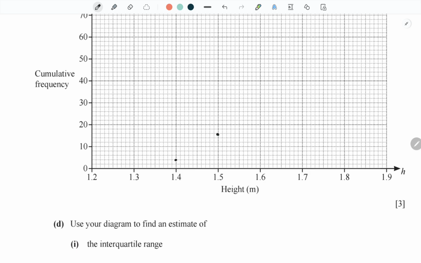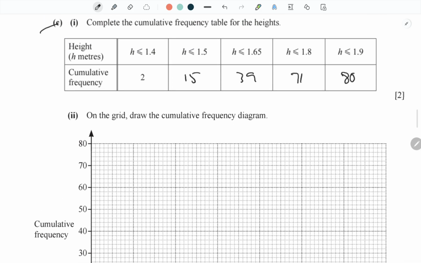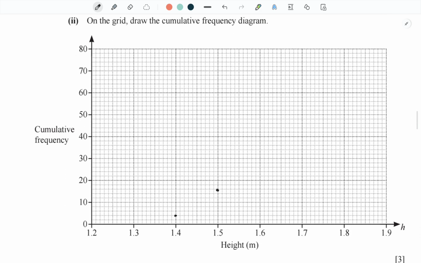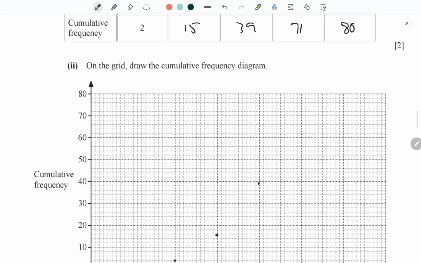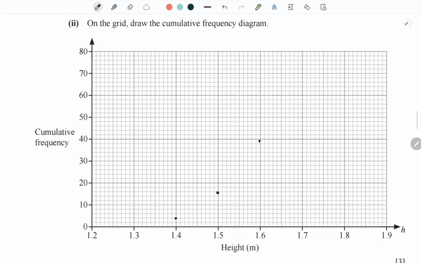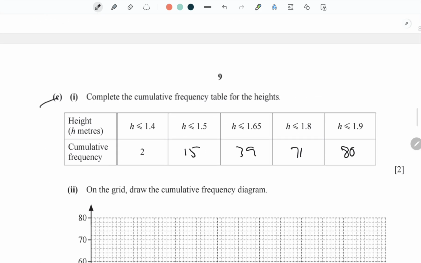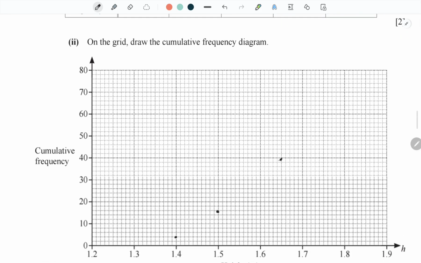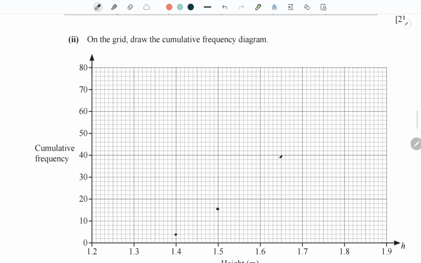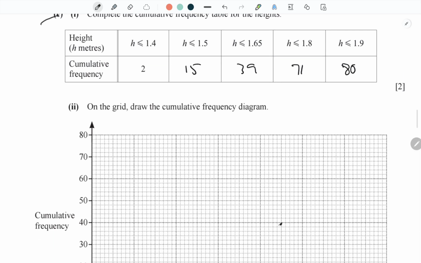Then the next one we have 1.65, we have 39, so 1.65 we have 39, that means this one. 1.65, not 1.6, so I just remove this here and write here. Then we have 1.8, so we have 71, now 71 is here.